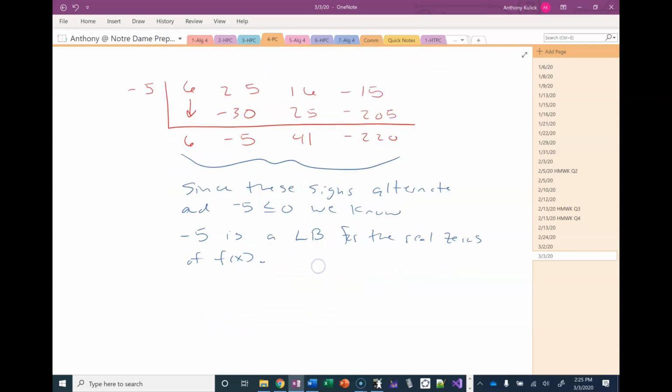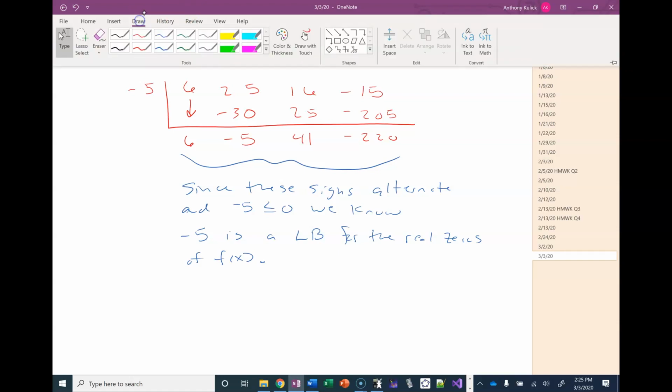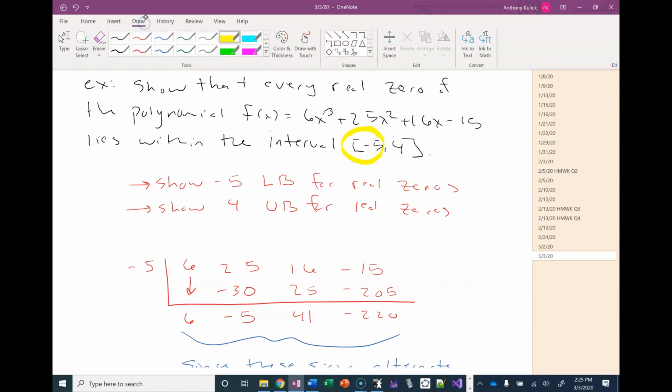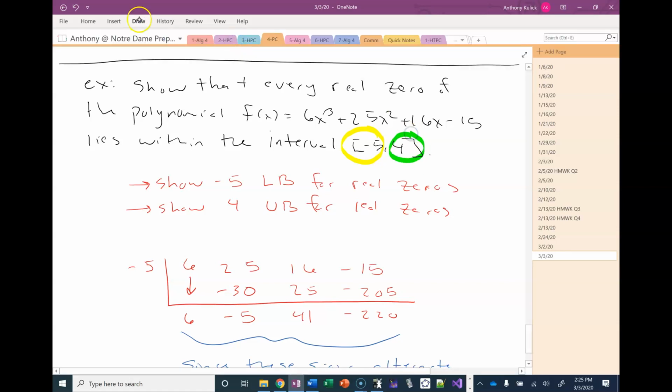All right. So that's half of it, right? So what part of the proposition have we shown here? We've shown that -5 is the bottom, right? The other half that we need then is that +4 is the top.